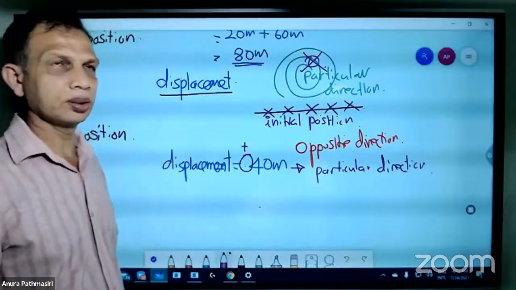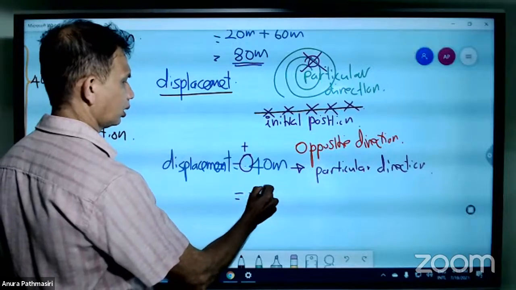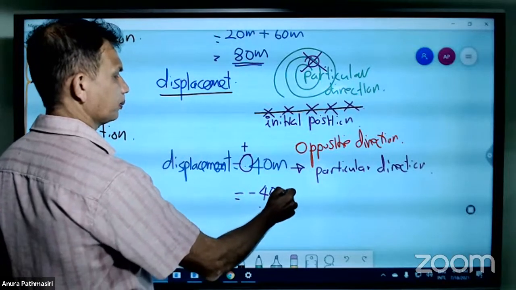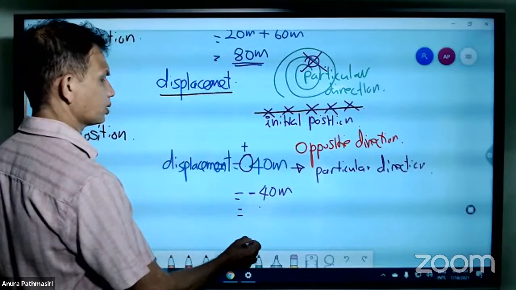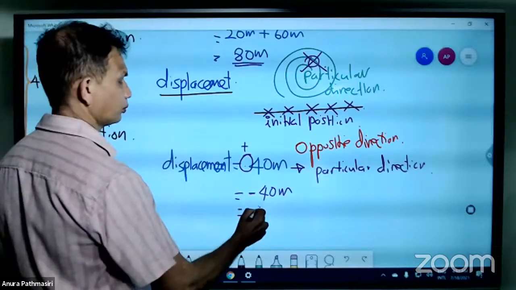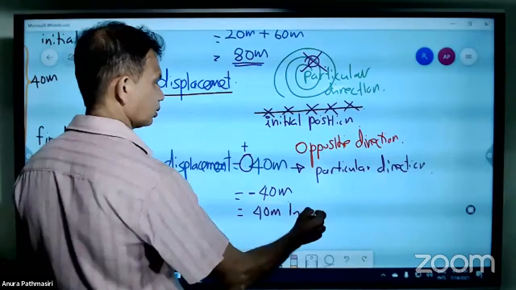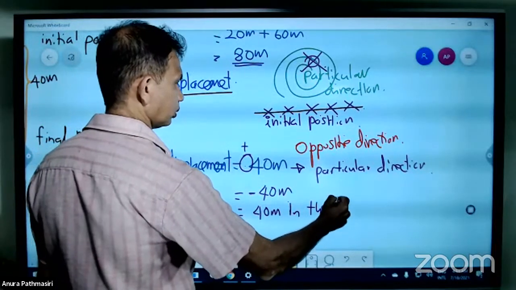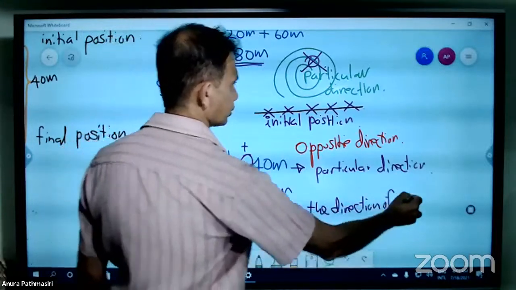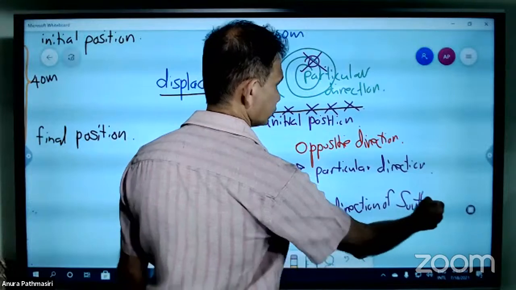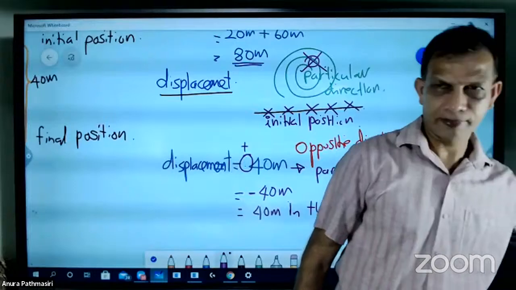How can you mention that? You can say either negative 40 meters, or 40 meters in the direction of south. It is exactly in the south direction.